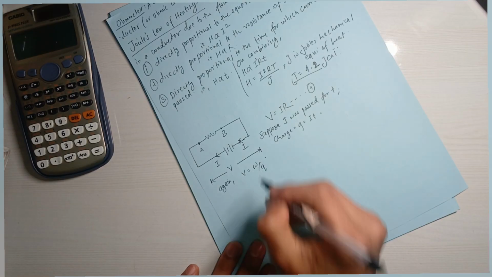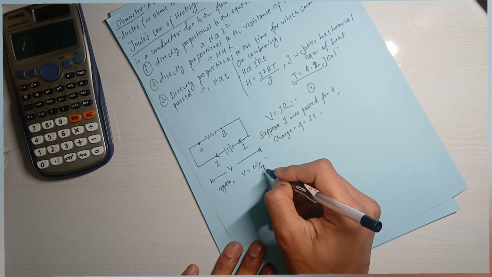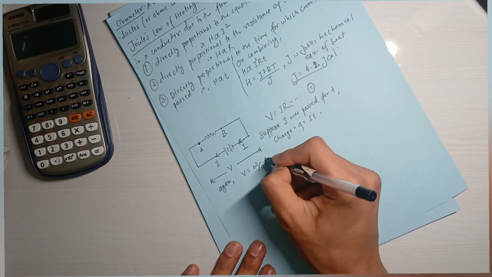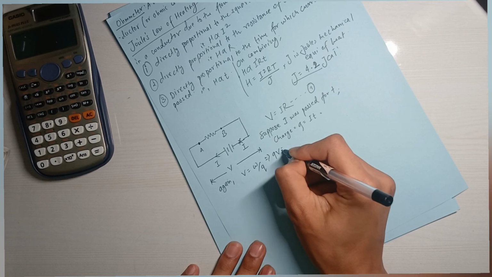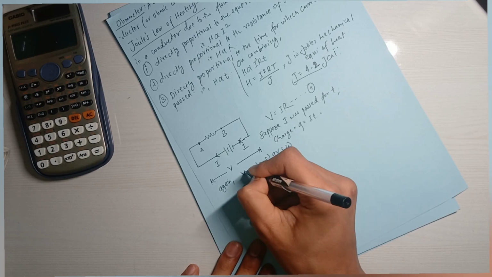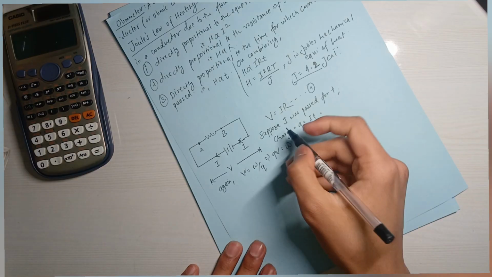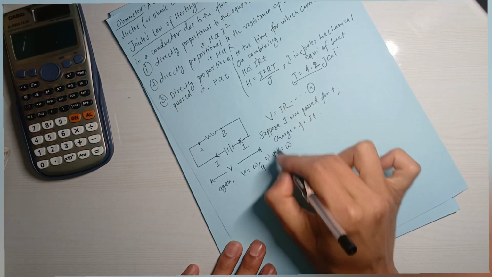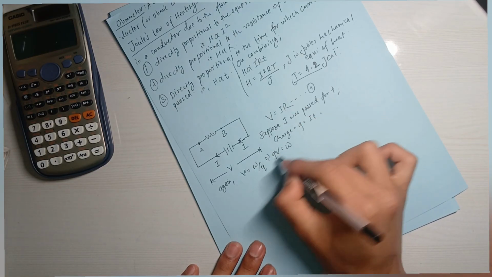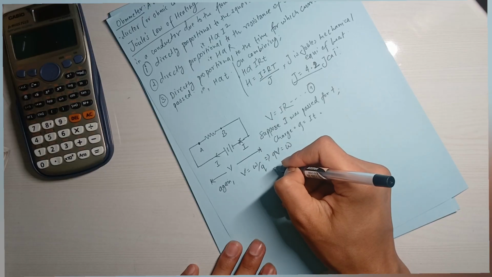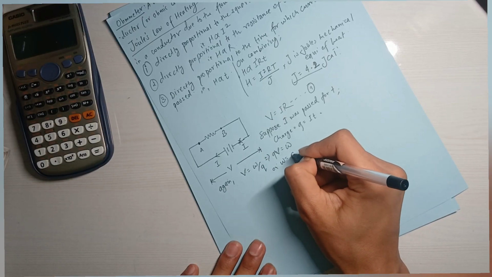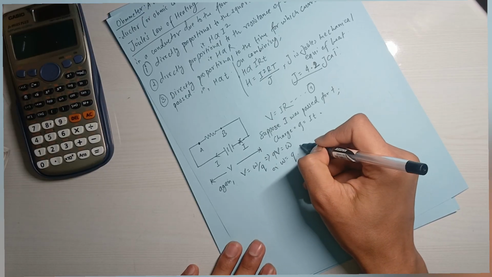So qV equals W. Now from these two equations, we can put in the values, so W equals q into IR.